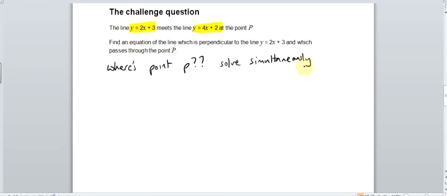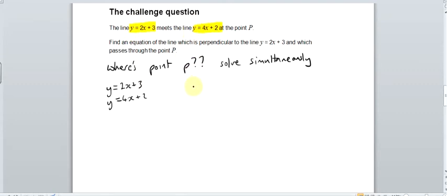Now, we could do this two ways. We could write them above one another, like this. And y is equal to 4x plus 2, and then you could multiply the top one by 2 and so on. Or you could notice they both equal y, and so you can substitute.